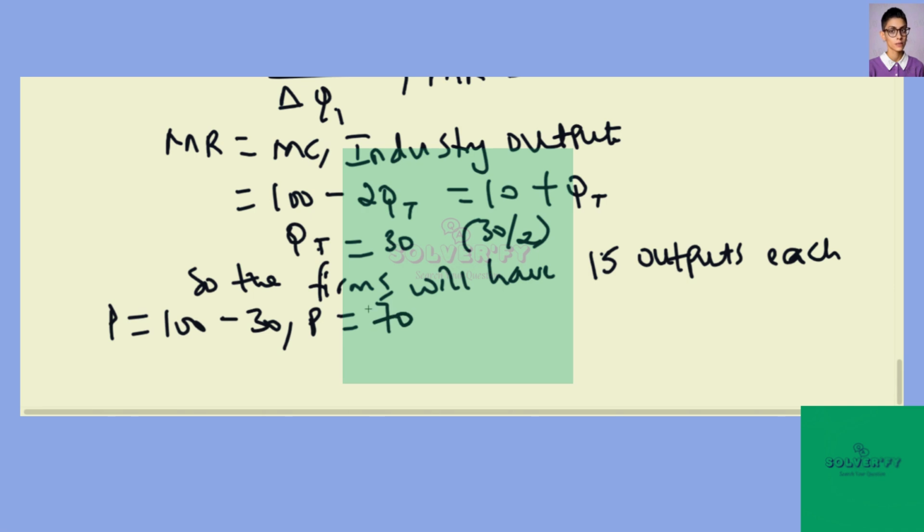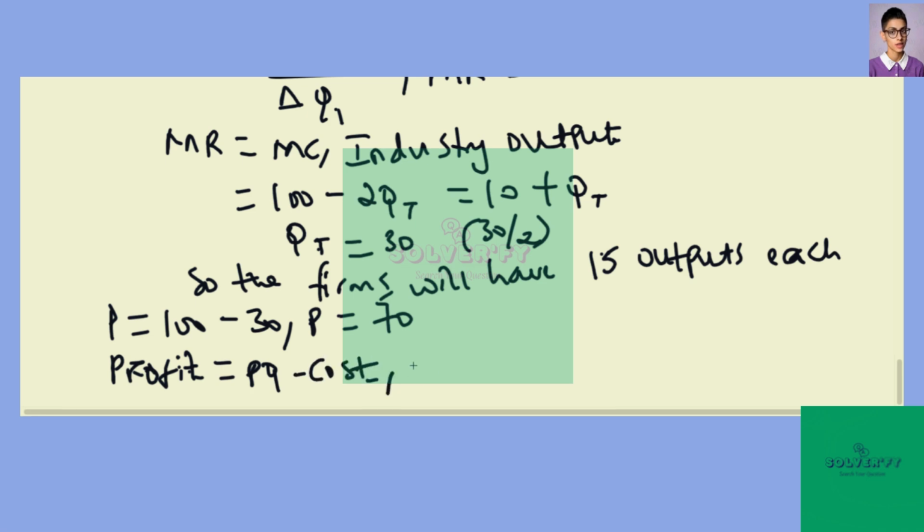And then the profit of each firm will be equal to PQ minus cost.